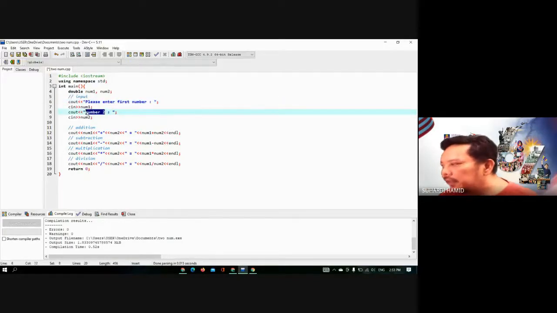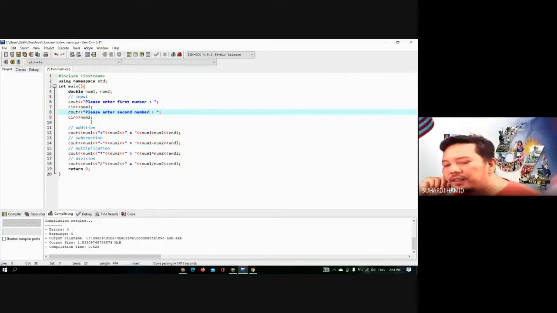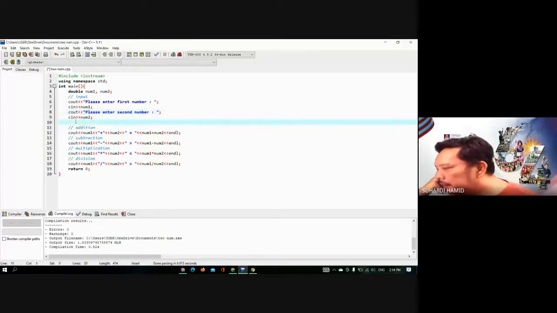Please enter second number. Now, before you perform the addition, line number 10, you have to cout first: Results for the following process are as shown below. Line number 10.